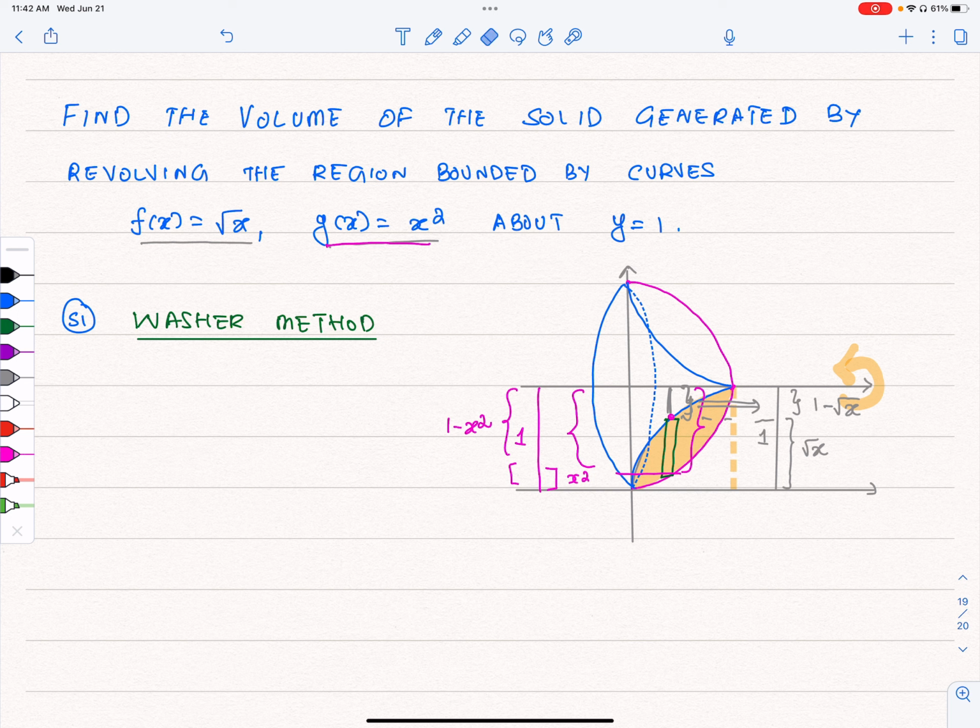Okay, so we got the outer radius and the inner radius. I'm going to say small r of x is that guy right there, the inner radius. The outer radius is capital R of x, that guy right there, right? You agree with me? Yes. Wonderful.